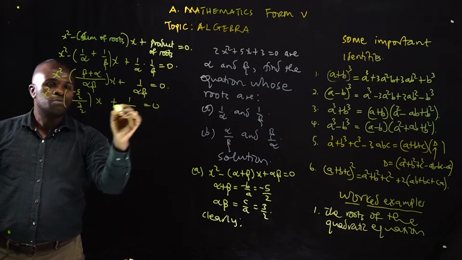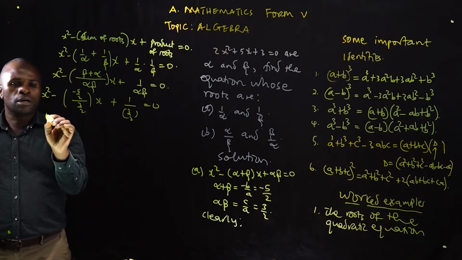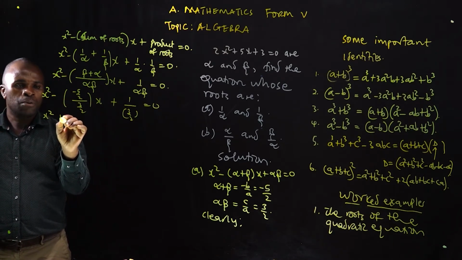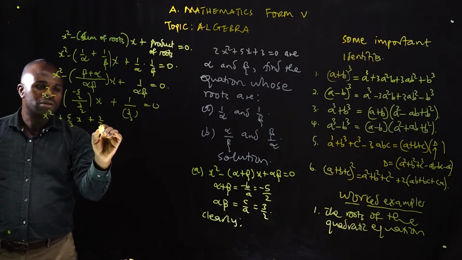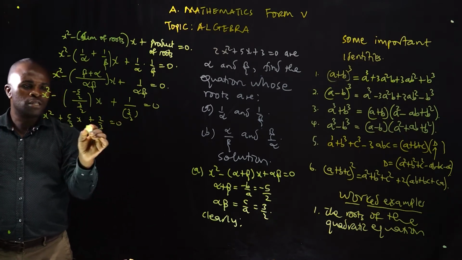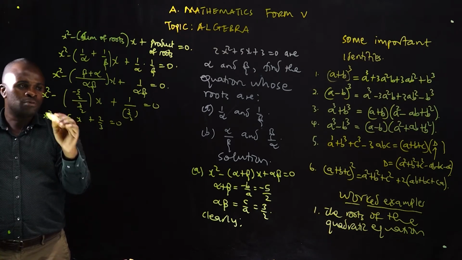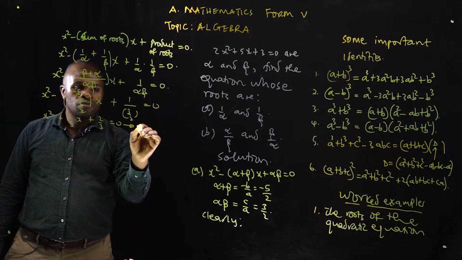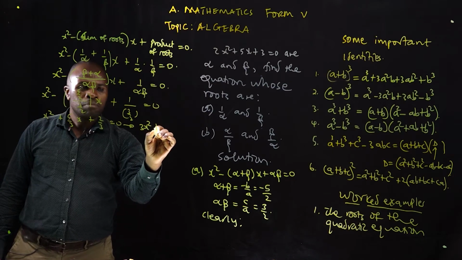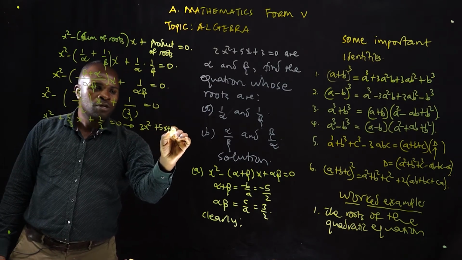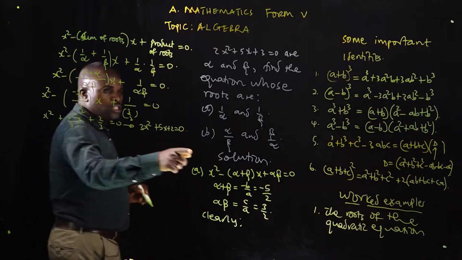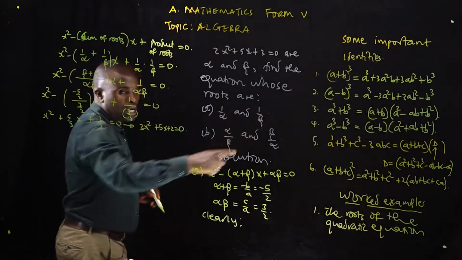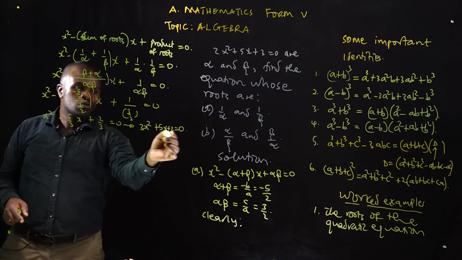Using the reciprocal rule, the 2 cancels, giving x squared plus 5 over 3 x plus 2 over 3. Avoiding the denominator by multiplying by 3, we get 3x squared plus 5x plus 2 equals 0. So the quadratic equation whose roots are 1 over alpha and 1 over beta is 3x squared plus 5x plus 2 equals 0.